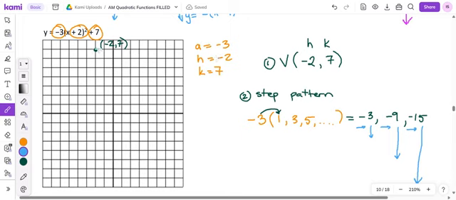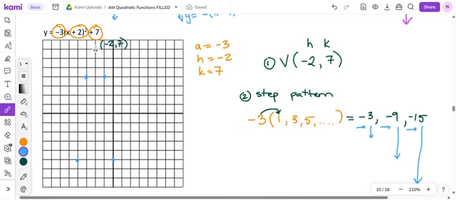Okay, so starting at the vertex, we're going 1 across, and now we're going to go 3 down: 1, 2, 3. 1 across, 9 down: 1, 2, 3, 4, 5, 6, 7, 8, 9. Okay, and we don't have space for the 15. Let's reflect those points over the axis of symmetry. And so we have a 5-point graph.